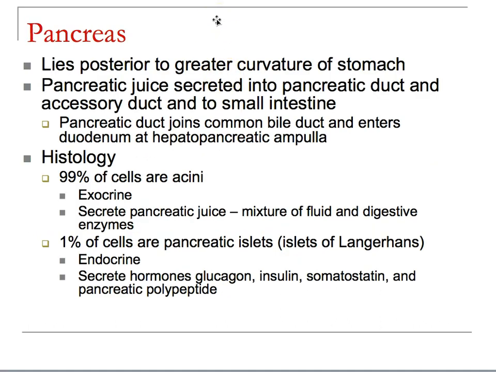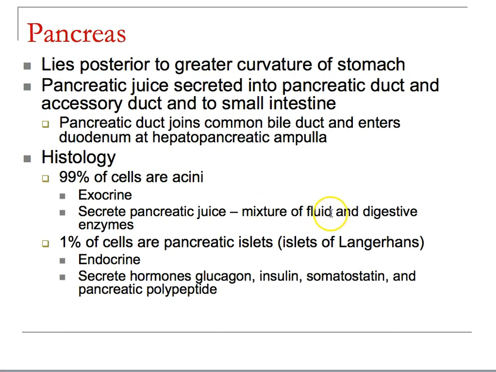How does your digestive process work next? What we want to do is pause and say that there's a supporting structure, the pancreas, which is going to lie deep to the stomach. Remember, it's covered in connective tissue, and it's going to make materials. What it's going to be making, of course, are pancreatic juices, which are a mixture of fluid and digestive enzymes.